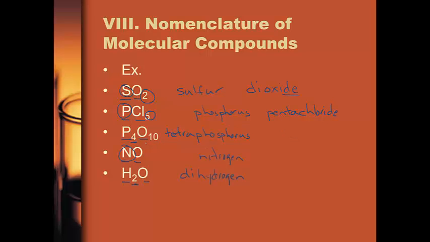So, next one, there's 10 of them. There's deca, but because it's oxygen, it's a vowel, we don't call it decaoxide, we just call it decoxide. Nitrogen, there's one mono, but a vowel, so you don't use the O, so it's just monoxide.